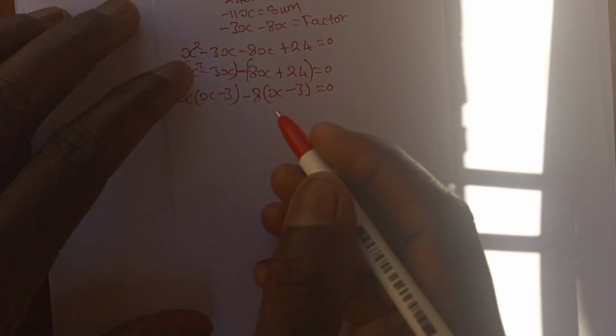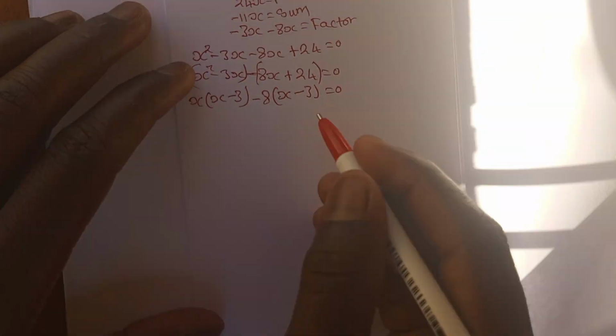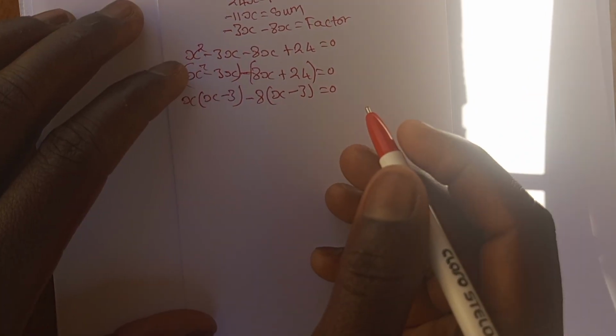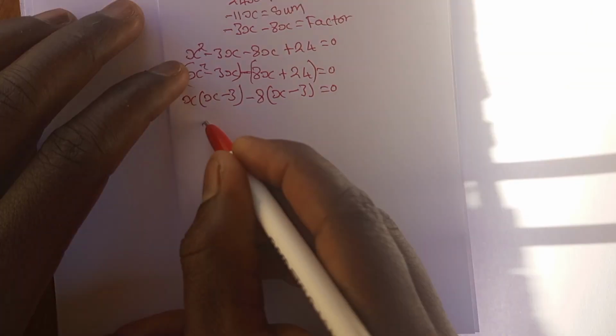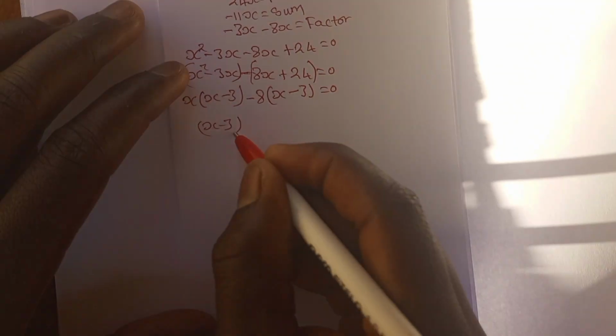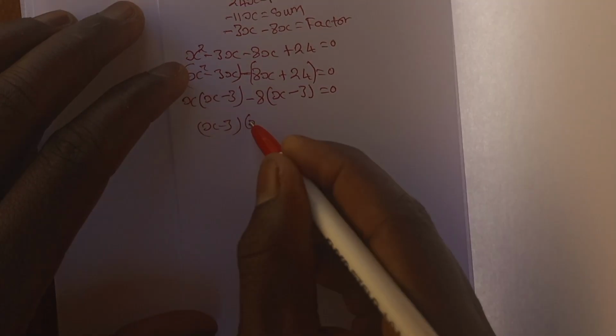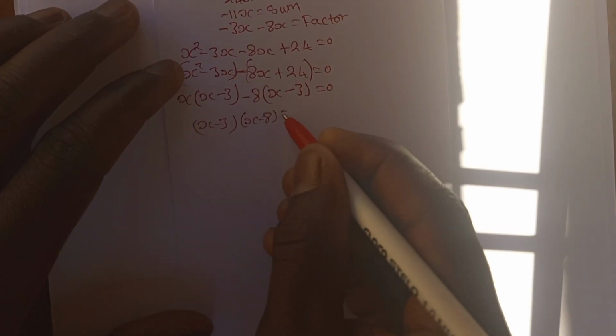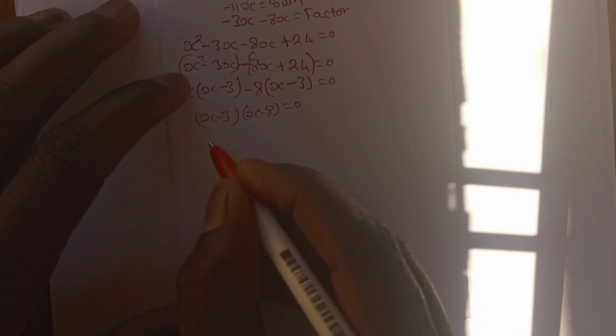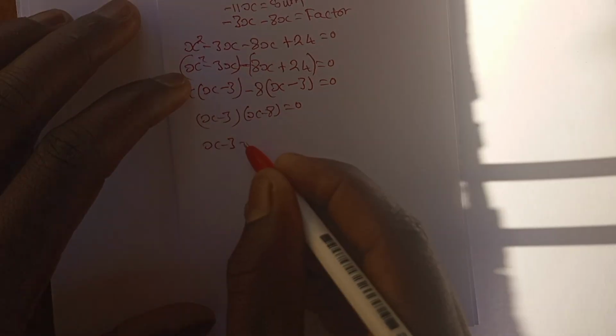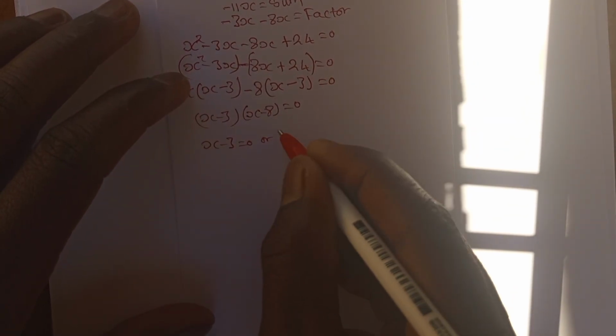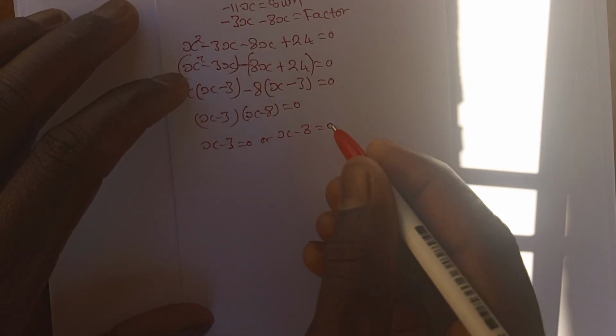So we continue. We take one bracket, then we take the number outside the bracket. Now we take x minus 3, then x minus 8, equals 0. So we equate each to 0. We say x minus 3 equals 0, or x minus 8 equals 0.